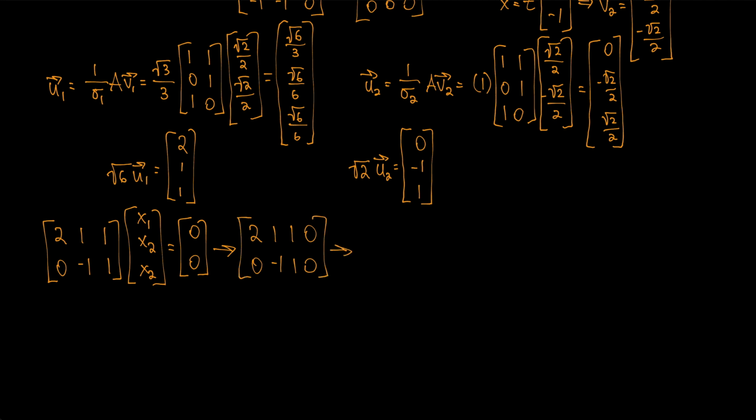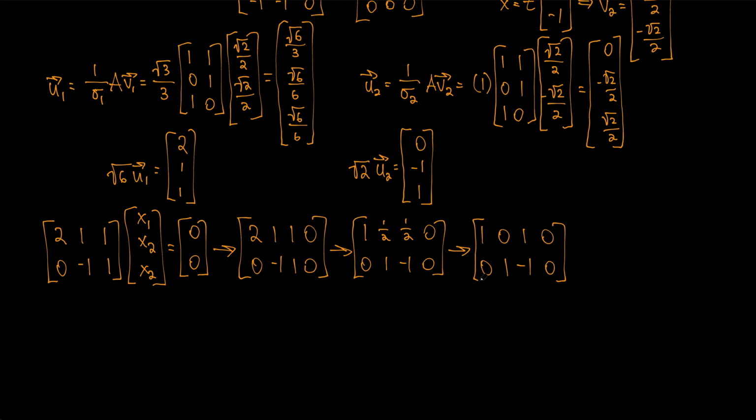Reducing this, we get 1, a half, a half, 0, 0, 1, minus 1, 0, which reduces to 1, 0, 1, 0 by subtracting half the second row, and 0, 1, minus 1, 0. So that top row gives us x1 plus x3 equals 0, and the second one gives us x2 minus x3 equals 0.